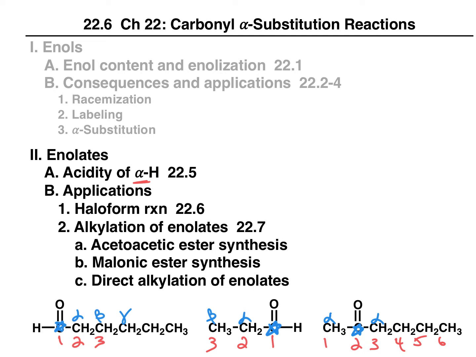And on the right side, we also have a beta, gamma, delta. So it's important to be able to refer to the alpha position because there is special reactivity of the alpha position. So the special reactivity that we'll be looking at is the acidity of alpha hydrogens and then the reactivity that results because of that.